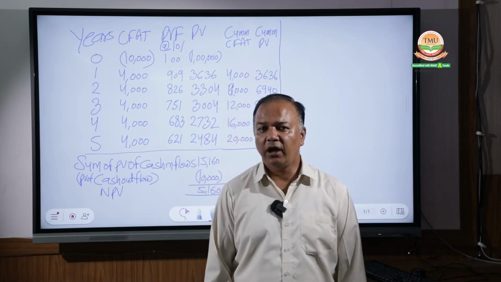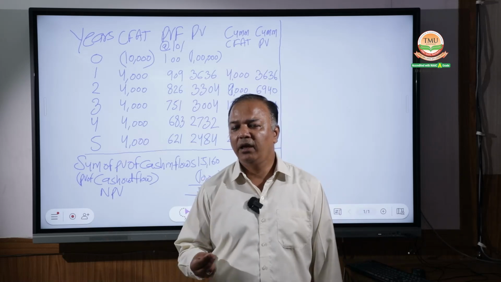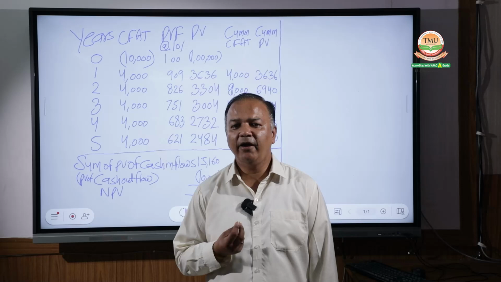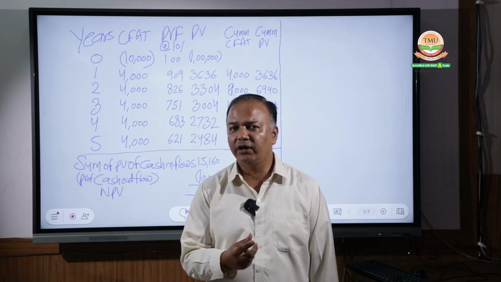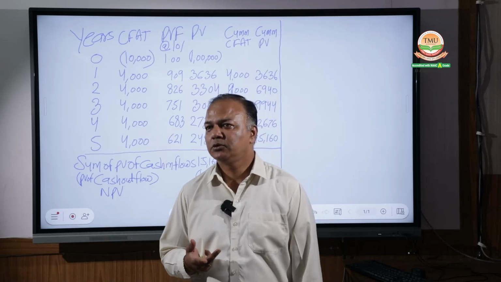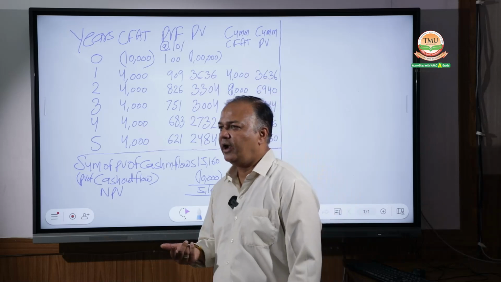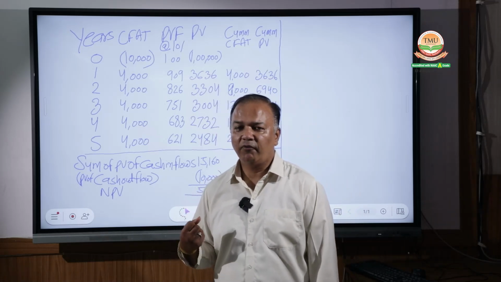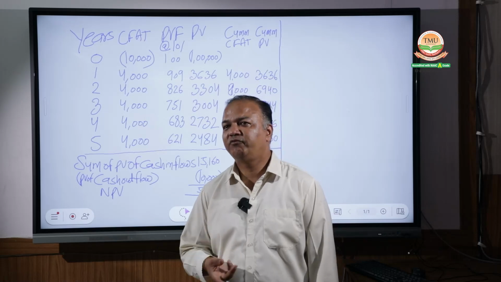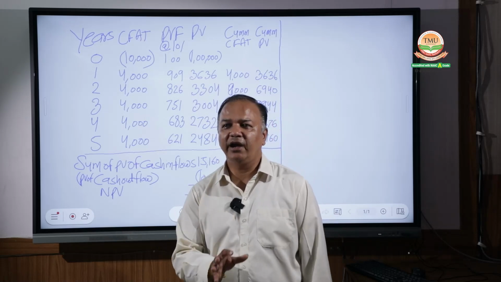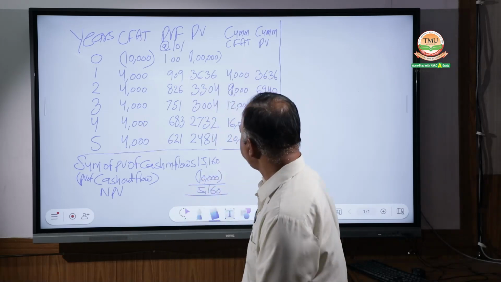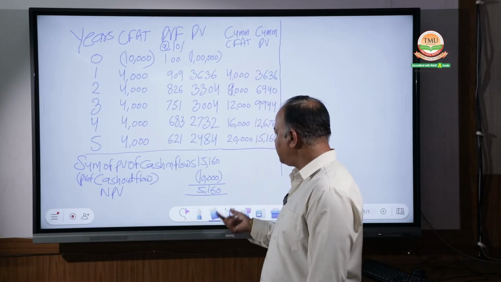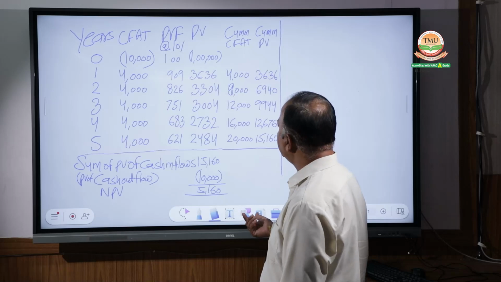So I have to apply different rates and find out the rate where NPV will be 0, or by the help of interpolation I will find the exact rate of return. Now I have calculated it at 10%. Now let's try on 20%.